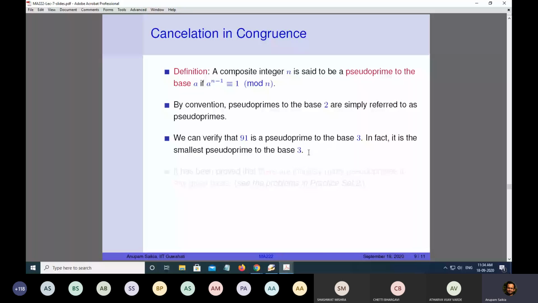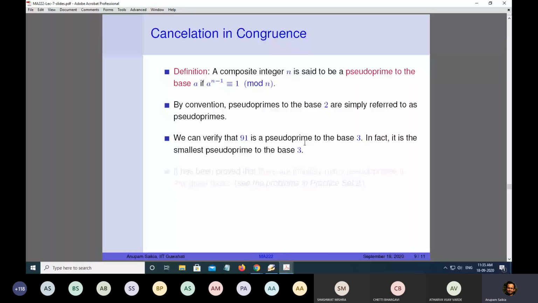You know that 3 to the power 12 is congruent to 1 mod 13. To reach 90, we can raise it to power 7. So 7 times 12 is 84. If 3 to the power 12 is 1 mod 13, 3 to the power 84 is also 1 mod 13.